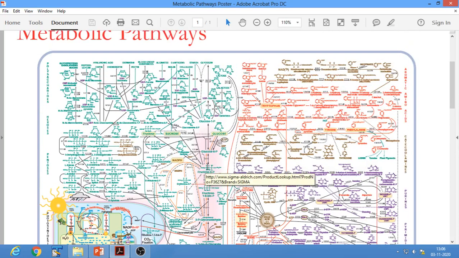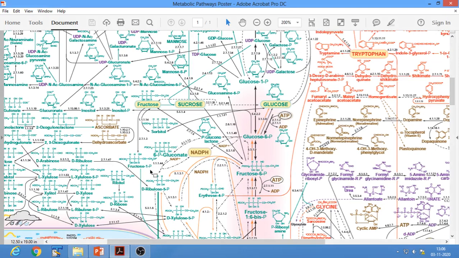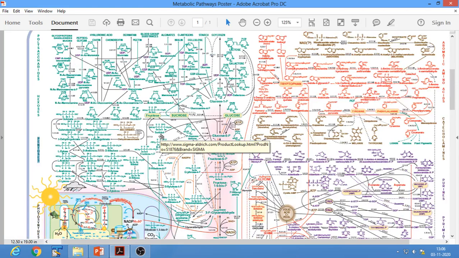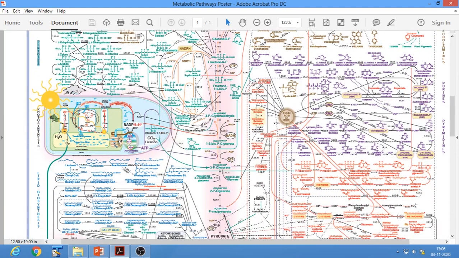I would just give you an idea. All of the glucose metabolism, whether in the form of polysaccharides, hexoses, or pentoses, all the sugar metabolism is shown in this green color. The photosynthetic reactions are shown over here.